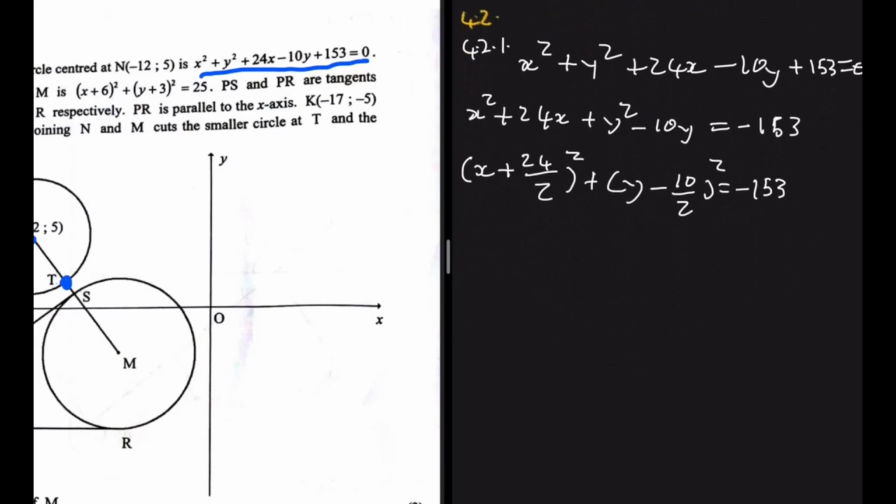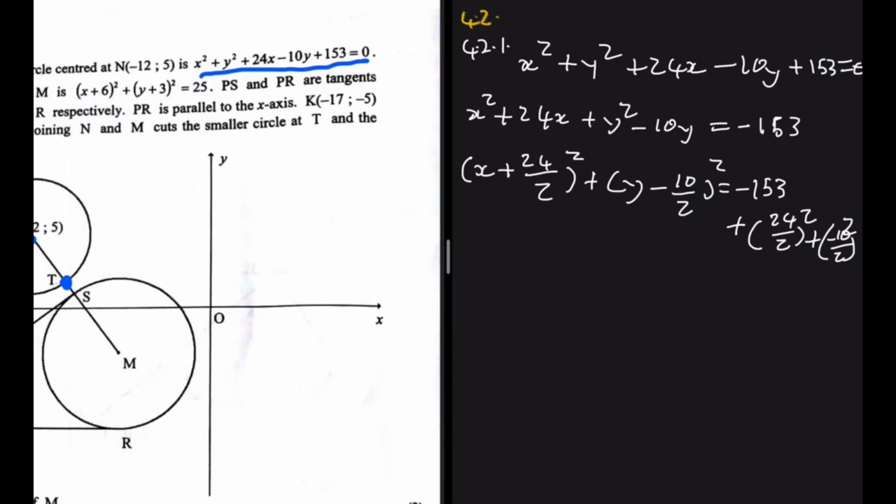But then you have to go to the right hand side and say plus 24 divided by 2 squared plus minus 10 divided by 2 squared, right? If you do that, then you're going to find the equation of your circle.